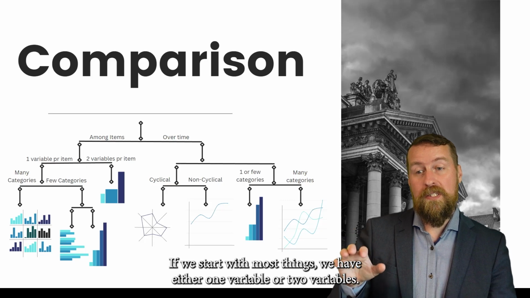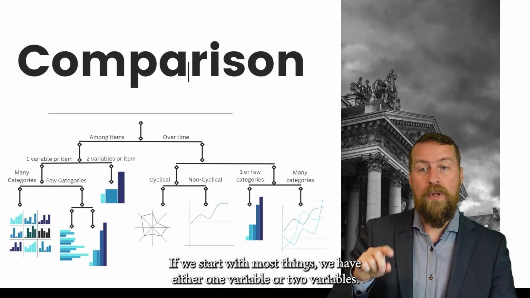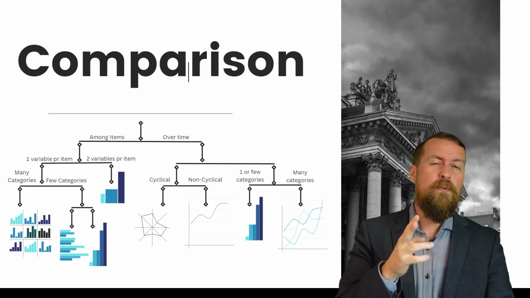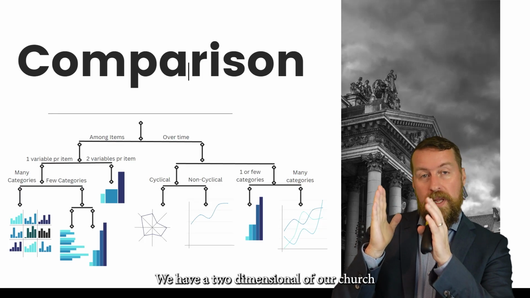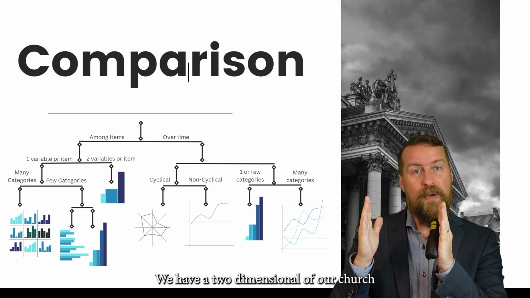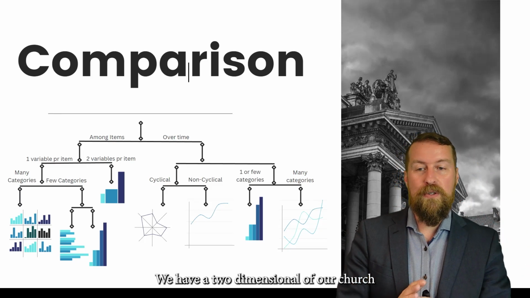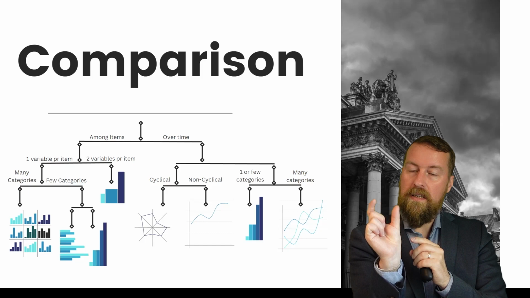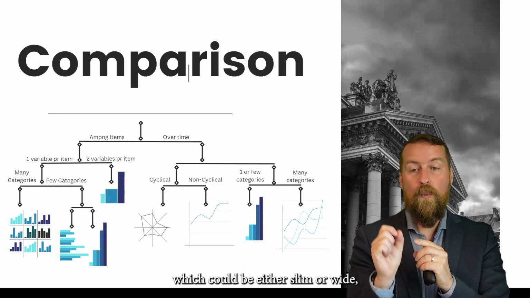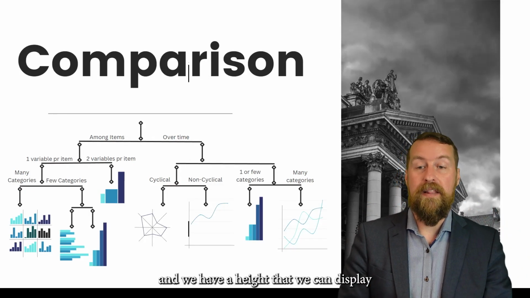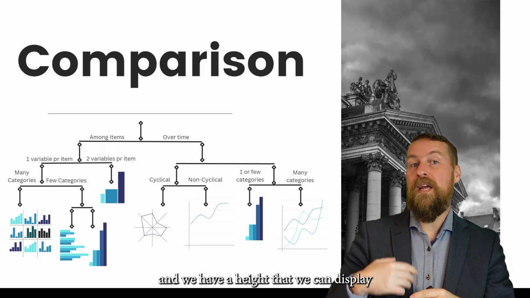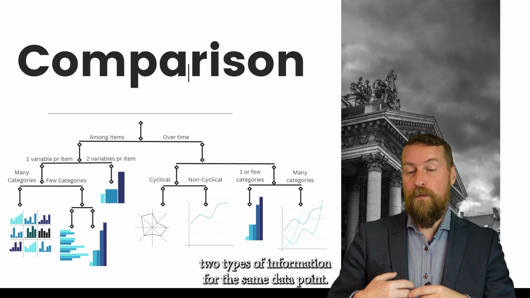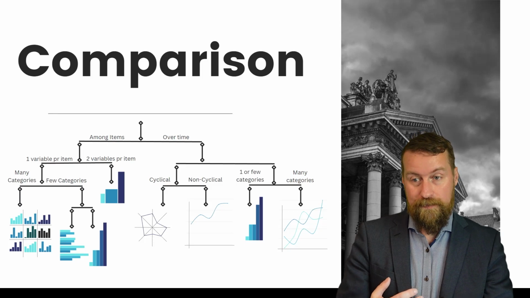If we start with the amongst things, we have either one variable or two variables. If we take two variables, we have a two-dimensional bar chart, where we have our x-axis, which could be either slim or wide, and we have a height. Then we can display two types of information for the same data point.